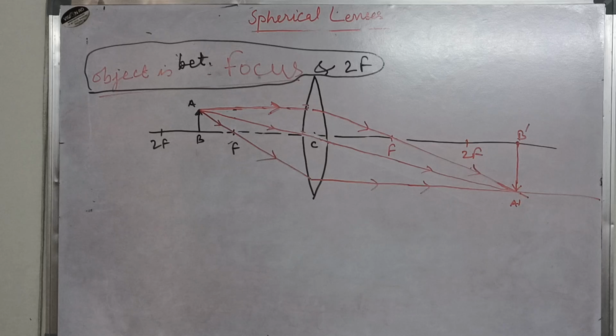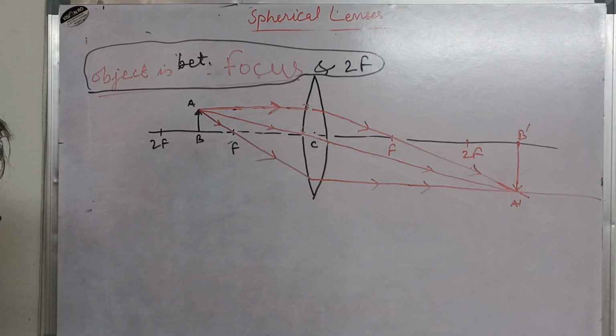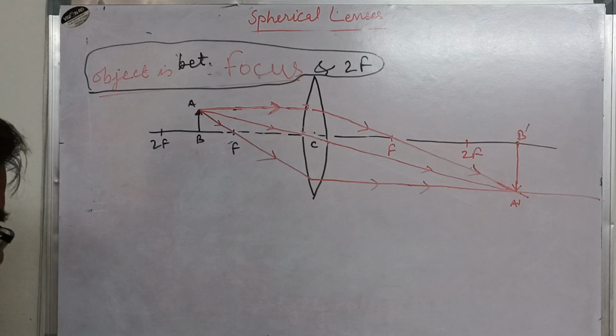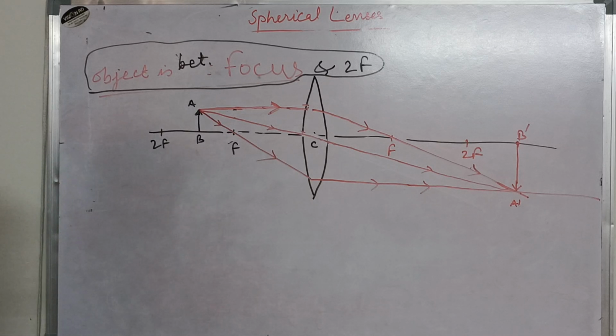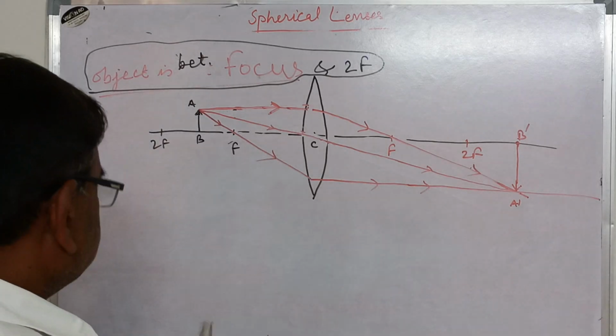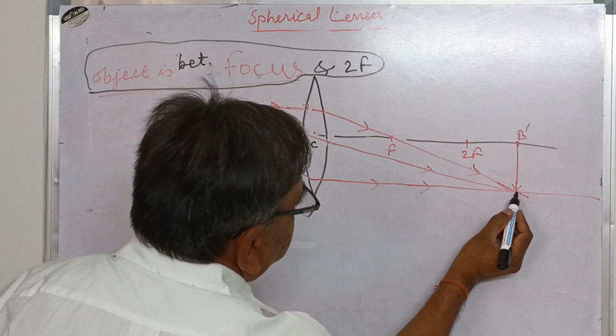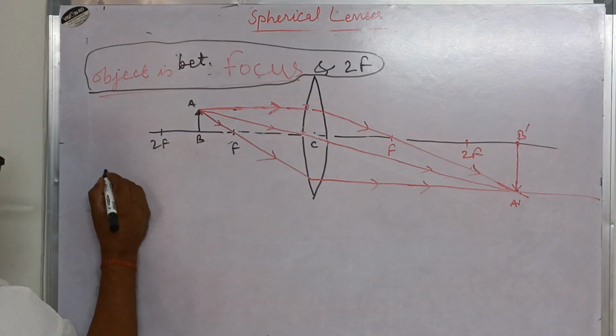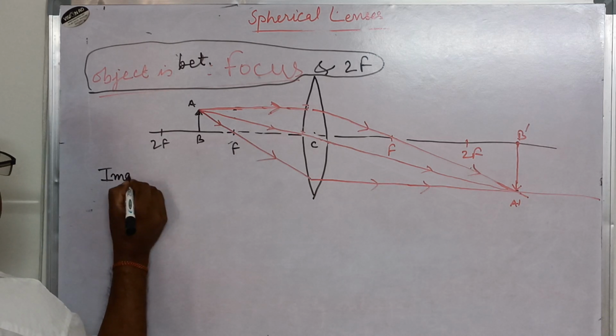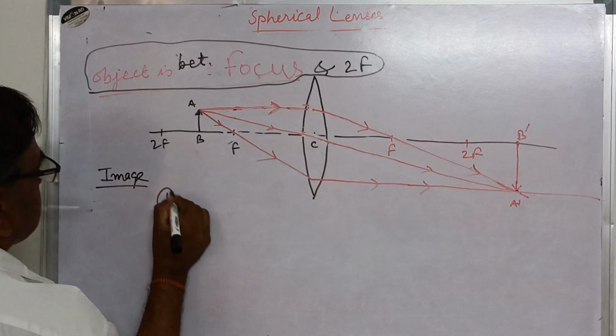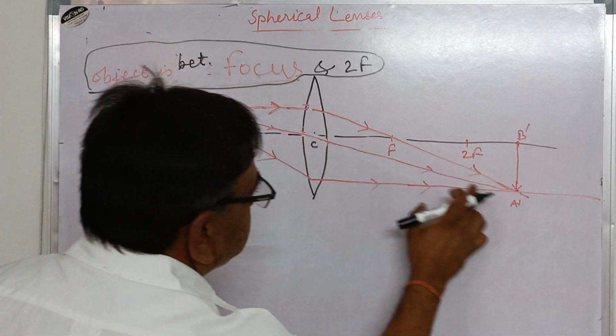In this case, whenever object is in between F and 2F. What about the image? You see clearly the rays are cutting each other after refraction. Actually they are meeting at this point. So about the image, number 1, the rays are actually meeting at this point.